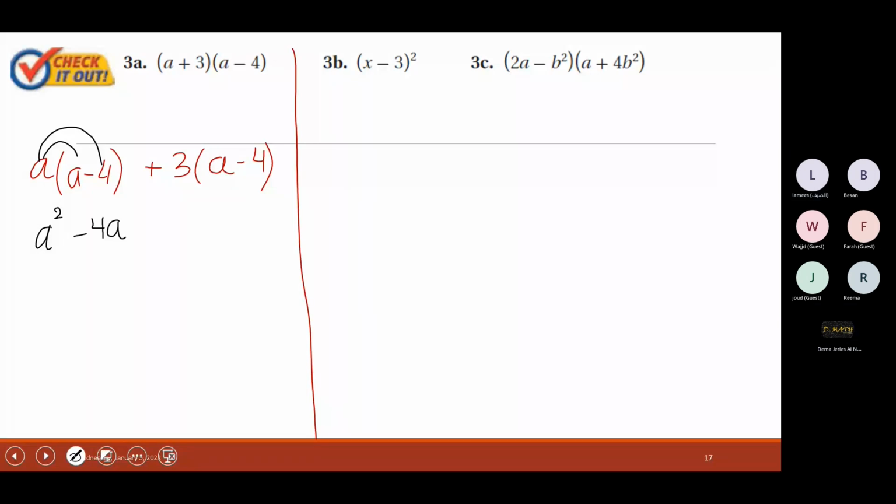Bravo. And another one, 3a, and 3 times negative 4.